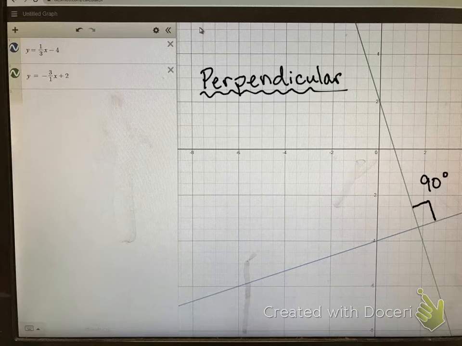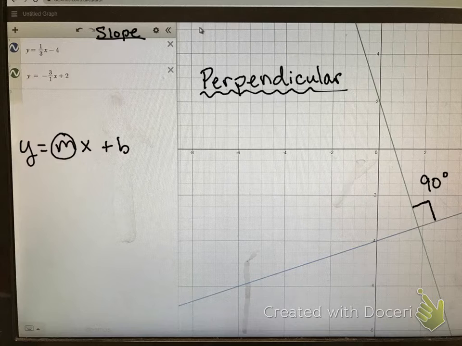So what is the slope of the first line? I'm going to look here at our slopes. Remember, y equals mx plus b, where m is our slope value, the rise over the run, the movement that we have. Here this first one is 1 over 3. The second one is negative 3 over 1.